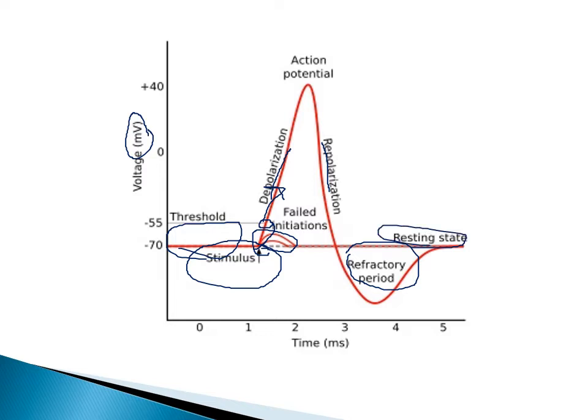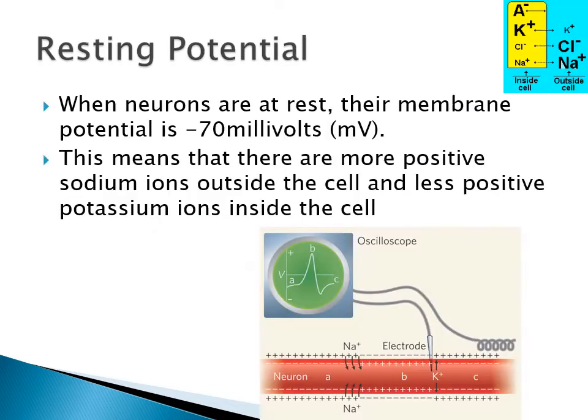Over the course of this entire PowerPoint, we're going to talk about what is taking place in each one of these periods of time. So as we migrate through the graph, we're going to start at resting potential. When neurons are at rest, their membrane potential is -70 millivolts. What that means is that inside we have a charge of -70 millivolts, which means that there are more negative ions inside the cell and more positive ions outside of the cell.